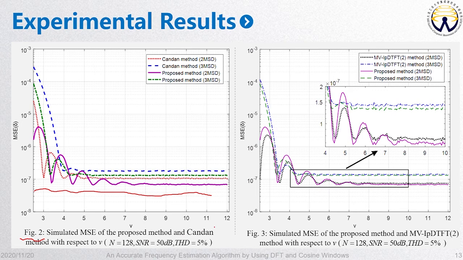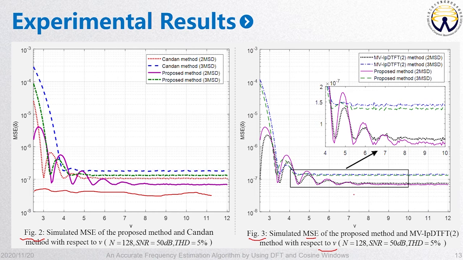Figure 3 shows the MSE of delta with respect to the signal frequency quantized value v of the proposed algorithm and the MV-IPDTFT2 algorithm.